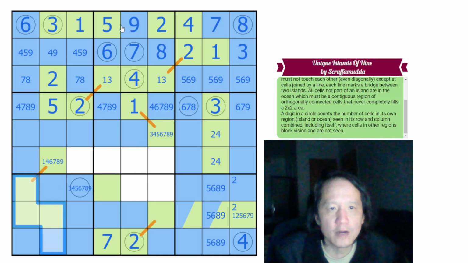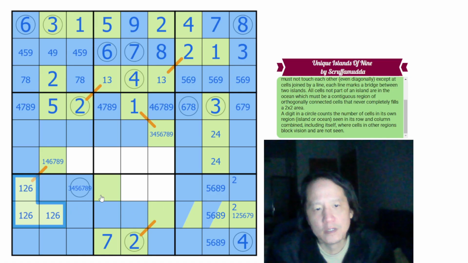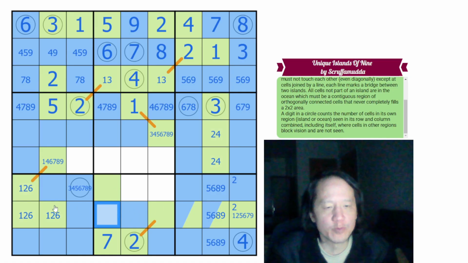Now we've already got 1, 3, 5 and 2, 3, 4. This has to be 1, 2, and 6 because that's the only remaining set of 3 unique digits adding up to 9. This can't be 2, so one of these is 2. This can't be 6. This sees at least 4 cells now.